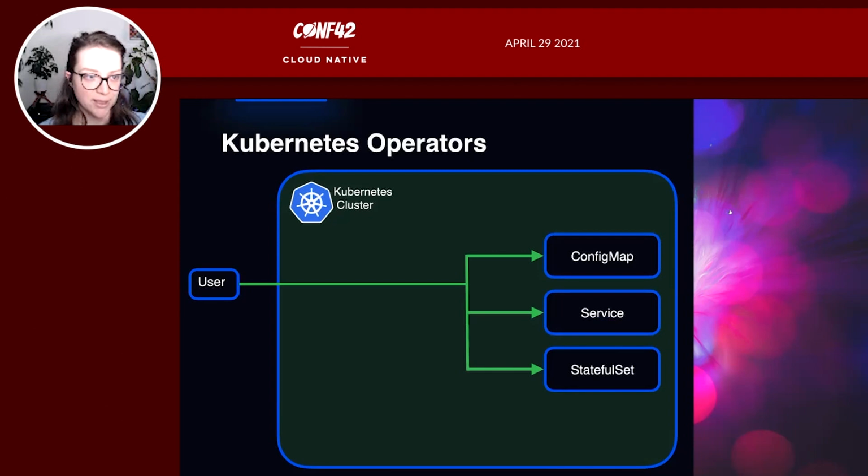A config map is an API object used to store non-confidential data in key-value pairs. Pods can consume config maps as environment variables, as command line arguments, or as configuration files in a volume. A config map allows you to decouple environment-specific configurations from your container images so that your applications are easily portable.